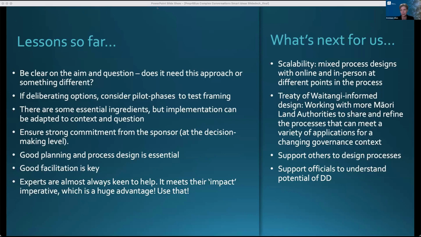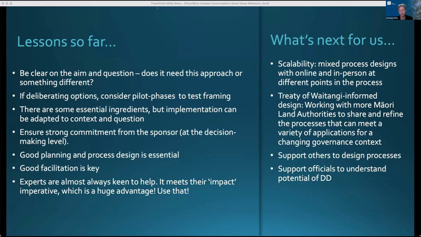And so we're looking at the issues of scalability. What can we add to the mix that can be partly online? We've been looking at more digital solutions for this, asynchronous, etc. And so we're starting to combine different tools, trying to get at different features of the process, but how it can be scaled.